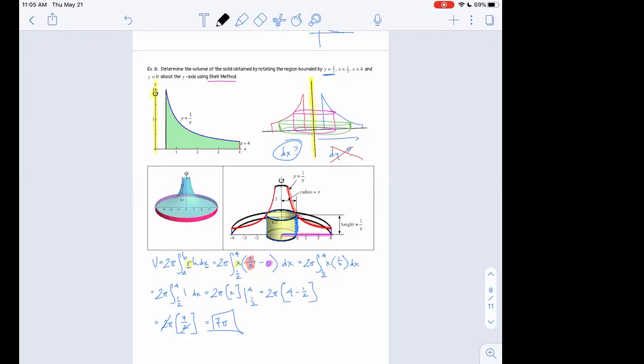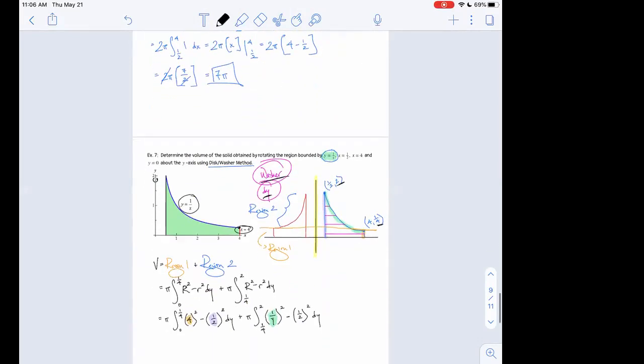But sometimes it is beneficial to know a different way, because if I were given the choice, so let's say example 6 just said, determine the volume, use any method that you want. I would start with both diagrams. I would start with a shell diagram like I did here, and I would start with the washer diagram. And I would use my diagram to think, how many integrals am I going to need? Because if the answer is more than 1, probably pick the other way.